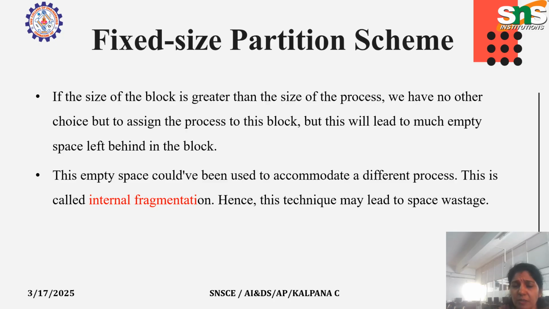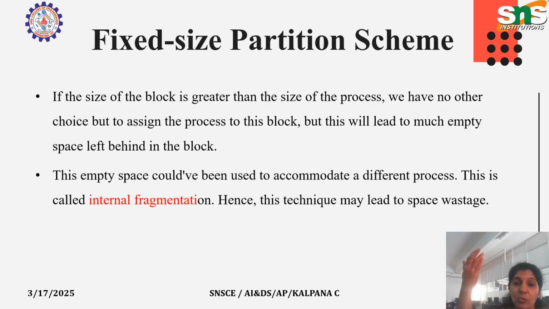We have seen the diagrammatic representation of how processes are allocated to fixed size blocks. As I told you, process 1 is 3 MB, but we allocated a 5 MB block. Process 2 requires only 1 MB, but we allocated 5 MB, so the remaining space is 4 MB.